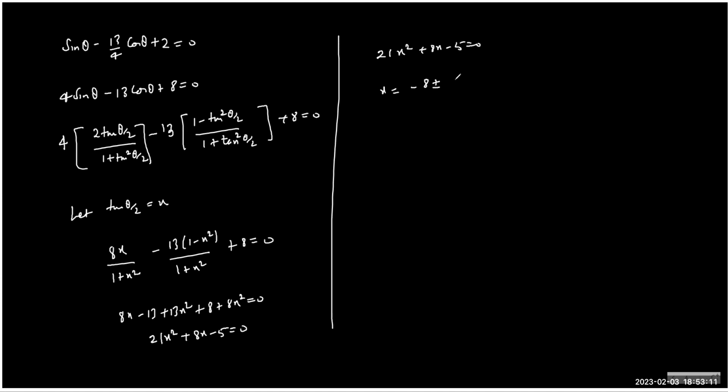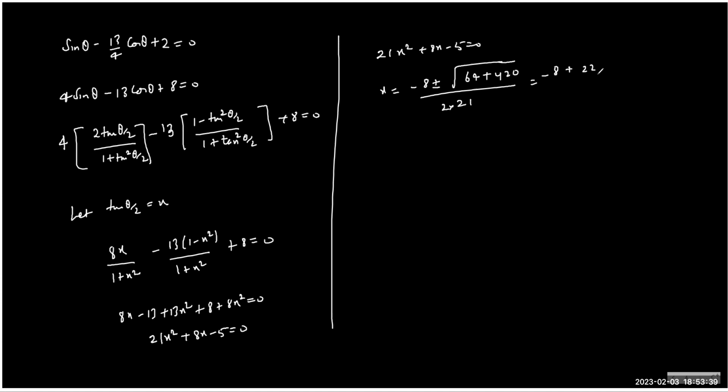So x becomes, B square minus 4AC. 4, 520. So minus 8, we have to take plus because this is going to be a positive answer. And 464 is how much? It's 22? No, how much is that? 484. So 484 is 22, right?